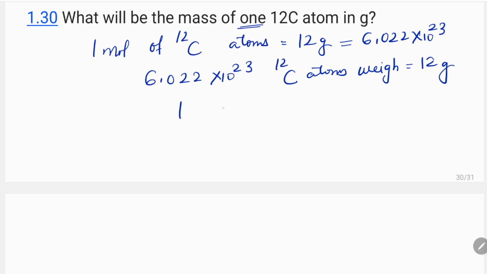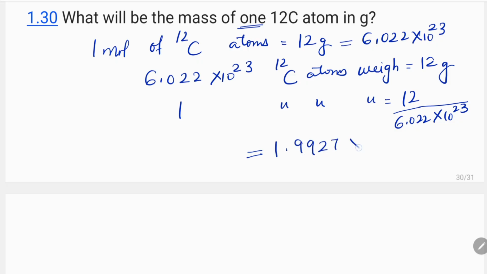Then what will be the mass of one carbon atom? 12 divided by 6.022 into 10 raised to power 23, which comes out to be 1.9927 into 10 raised to power negative 23 grams. So this is the weight of one carbon 12 atom in grams, which is quite small.